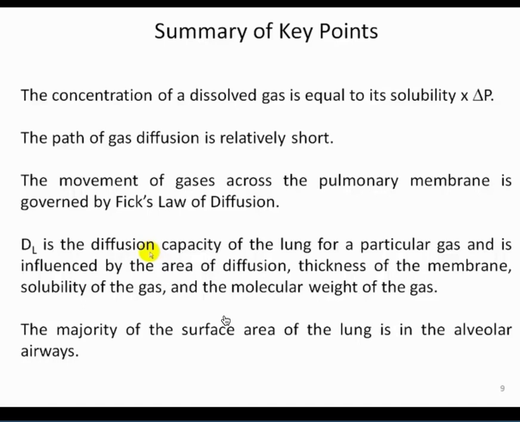When DL goes down, it indicates the capacity has gone down for some reason for a given delta P, and that will translate to a lower diffusion rate, a lower flow of diffusion. Ideally, where gas exchange occurs, where oxygen moves from the alveoli into the blood, is in the alveolar airways and the respiratory zone. That's where greater than 99% of our surface area lies, and it also has to be relatively thin.